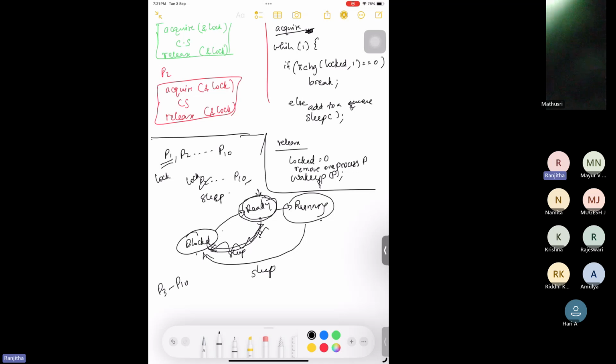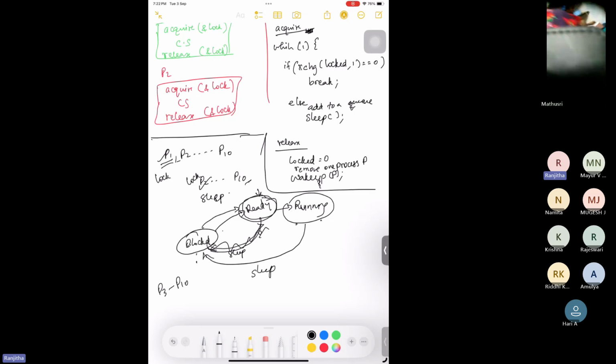So in case P1 had the lock and P2 to P10 were blocked, we take P2 alone, only P2 will go to ready, P2 will go to running, and it will complete. Then P3 will go to ready, running. There won't be running to sleep again. So this will not happen. So this is another mechanism to solve the thundering herd problem.